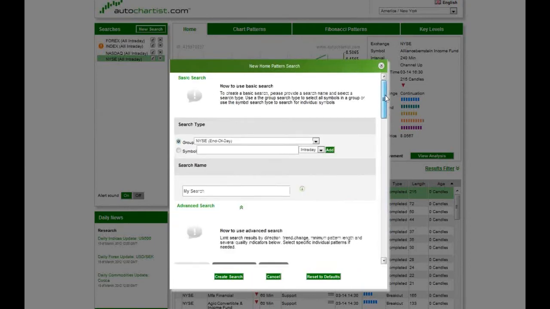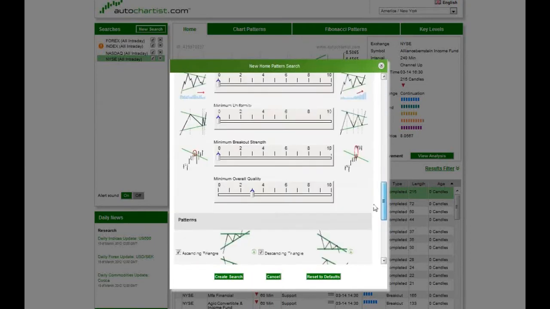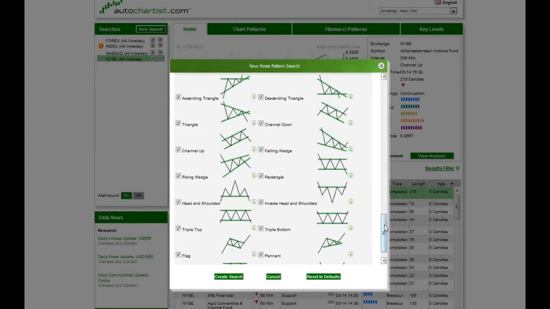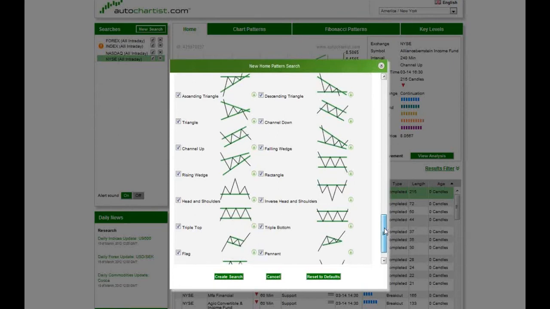But the one nice thing about the search screen is that if you scroll towards the bottom, it will show you what types of opportunities Autochartist identifies. With regards to chart patterns, it finds triangles, ascending, descending and symmetrical, rising channels and falling channels, and rising wedges and falling wedges. Really popular patterns like head and shoulders and inverse head and shoulders, triple tops and triple bottoms, flags and pennants, and double tops and bottoms.